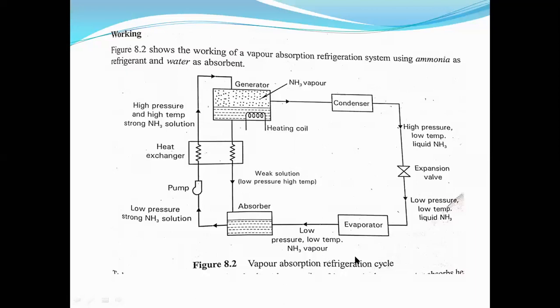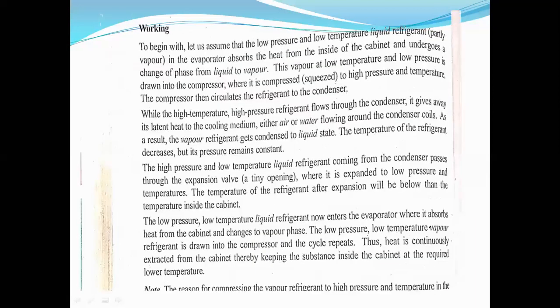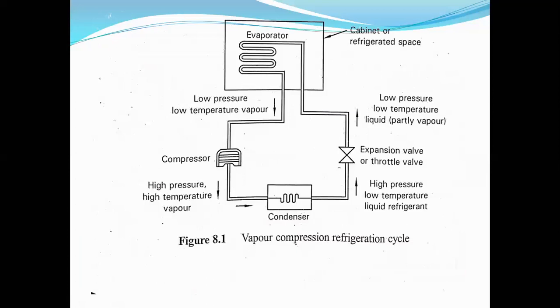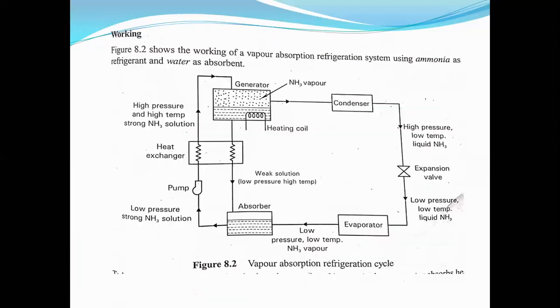In the vapor compression refrigeration system, mainly we have four parts that you studied in the previous class: evaporator, compressor, condenser, and expansion valve. Today, I'll discuss another important refrigeration system called the vapor absorption refrigeration system.